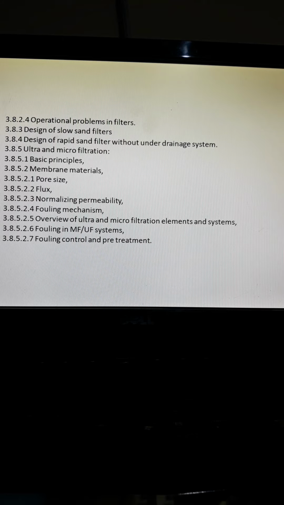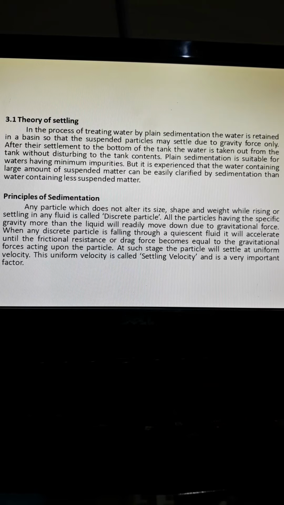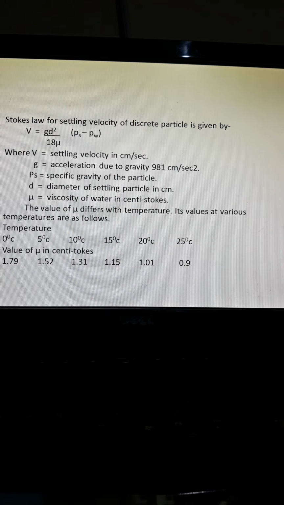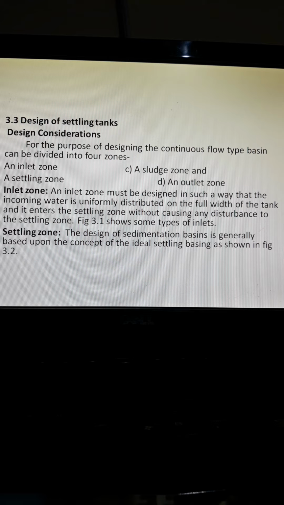In general, most commonly, rectangular, square or circular tanks are used. Now, we shall try to design these sedimentation tanks. Design in the sense that we have to arrive at the dimensions of the sedimentation tanks.